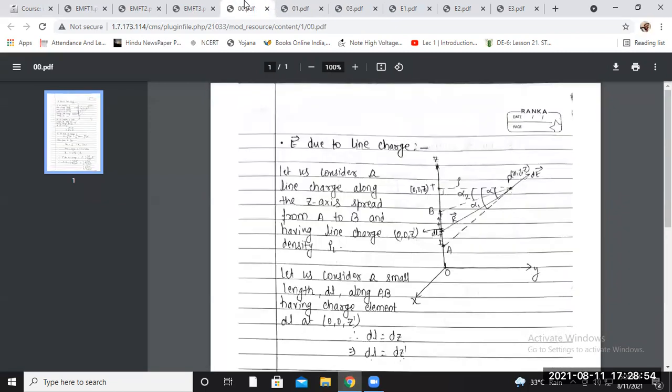All of you must go through the numericals, or you can do some numericals based on this electric field intensity due to line charge. Let me show you some numericals, then take a screenshot and practice them.